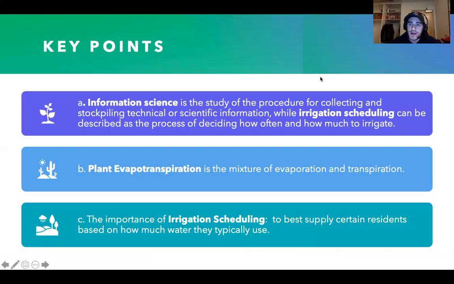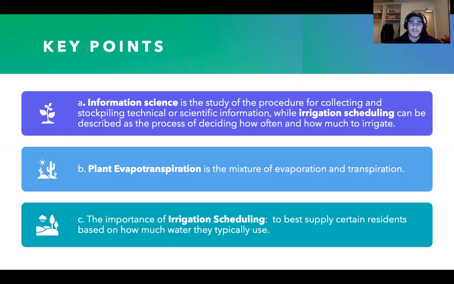So there are quite a few key points or takeaways to make sure you're aware of from my paper, just a few different vocab words or topics to make sure you understand.